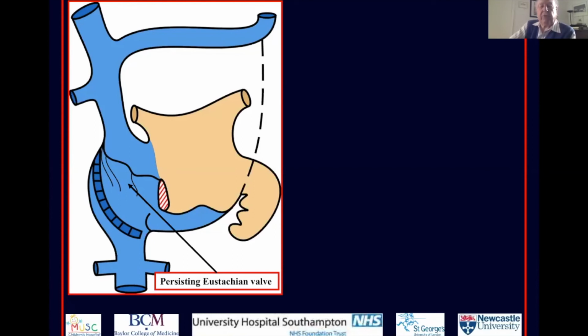So let me now divert again and show you how the inferior caval vein can be diverted into the left atrium through a persisting eustachian valve. It's key to distinguish this and to recognize that the eustachian valve is not part of the atrial septum, because in certain circumstances, the space between the eustachian valve and the atrial septum can be considered to represent an interatrial communication, and if that is patched, the inferior caval vein can be connected incorrectly into the left atrium.